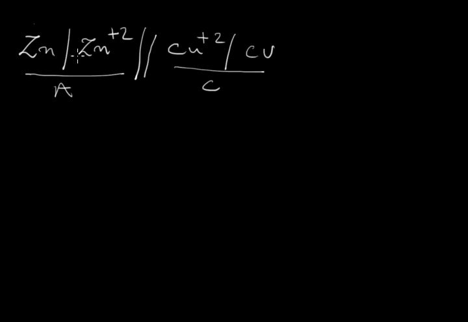In anode, oxidation reaction takes place, that is zinc is converted to Zn+2, and in cathode, reduction reaction takes place, that is Cu+2 is converted to Cu. Actually, this is called construction of cell.